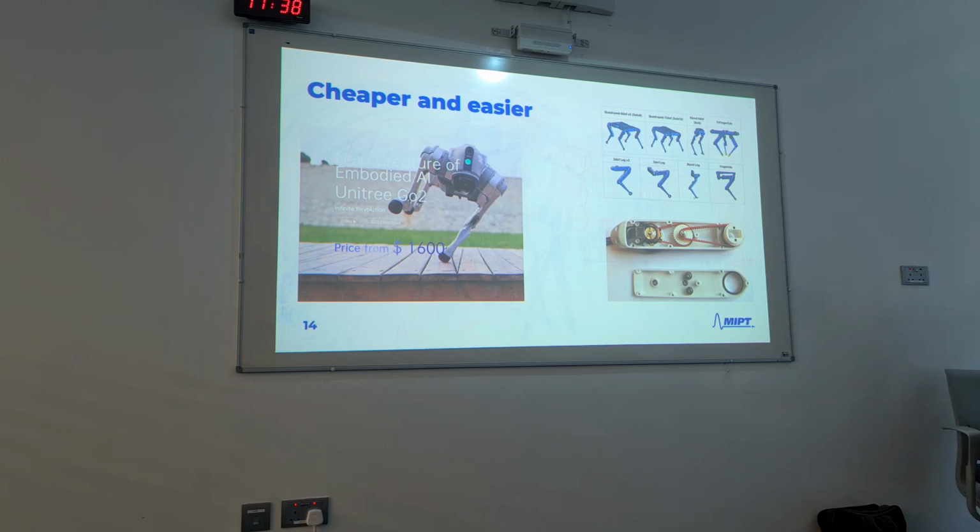So you can print half of the details, and the other half you can buy in some internet shops that sell belts and gears and all of that stuff. So you don't need a 7 degree of freedom milling machine to produce this. It's becoming more and more attainable for normal universities or even schools.